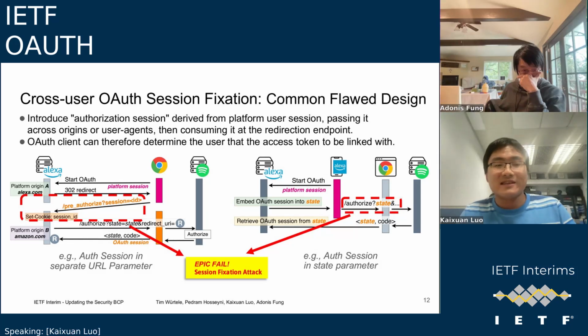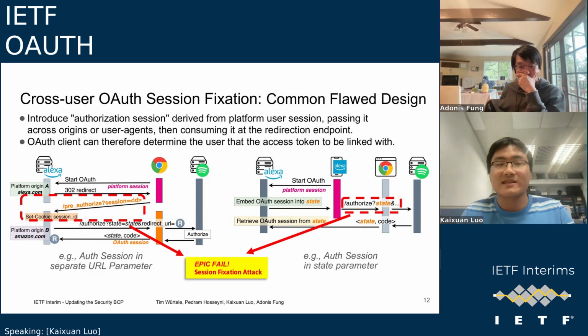So we see that there is a gap between the sessions in cross-origin or cross-user agent use cases. To bridge this gap, the platforms would usually invent the so-called authorization session or OAuth session, a concept used to track the user session between different origins and user agents.